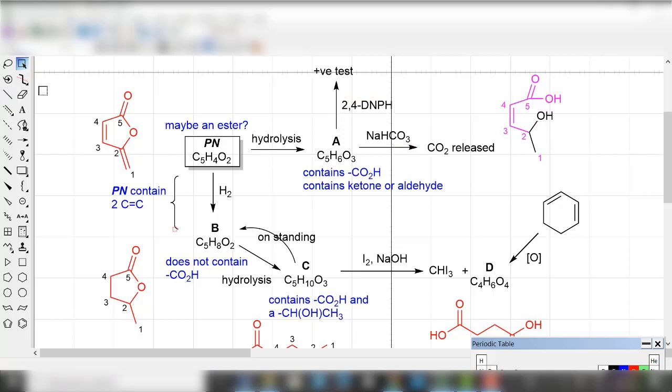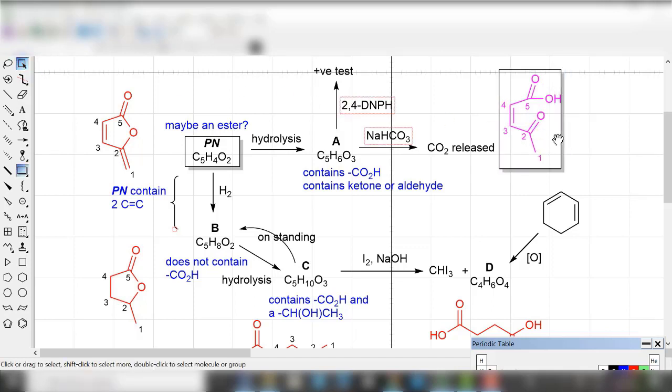So this is the ketone that it becomes. Therefore, A looks like this. So this is A, and it fits every single piece of information.